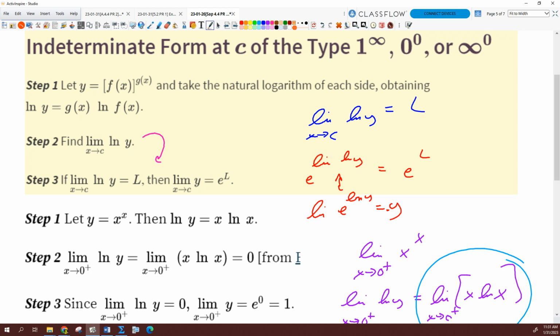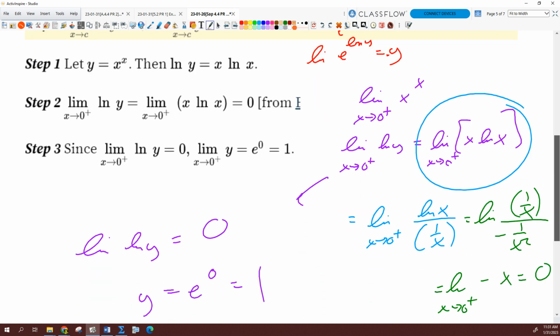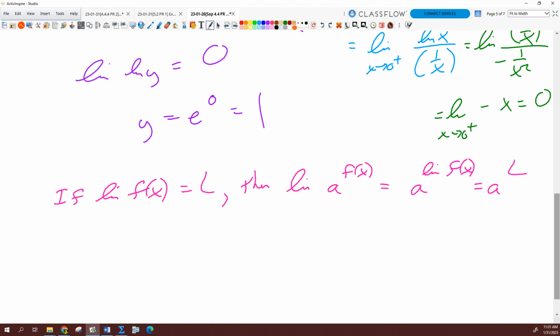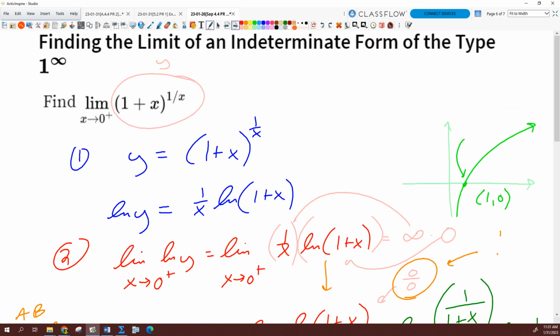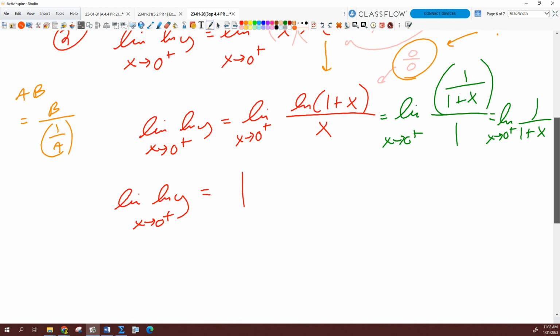Okay, we can exponentiate. Say it again. Can you just go back down to that property? Okay, so we can do that here, right?